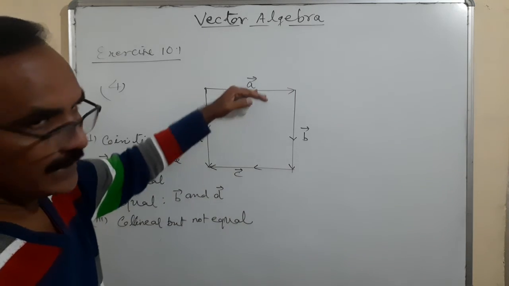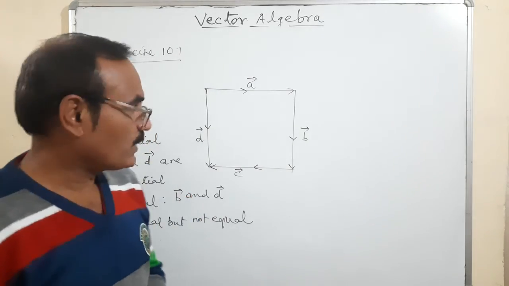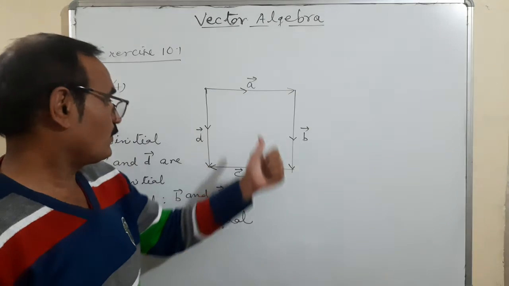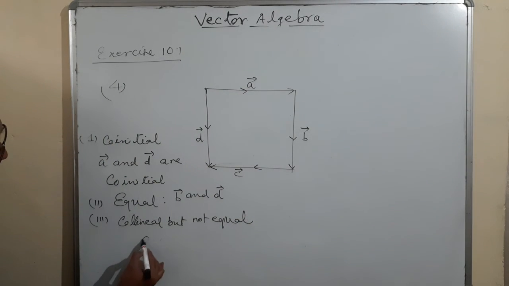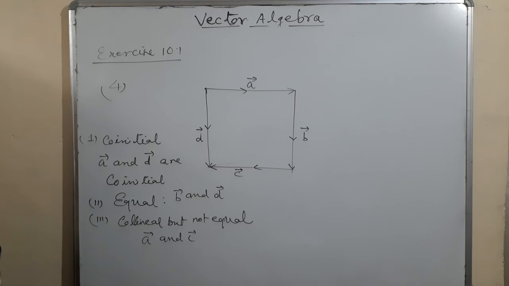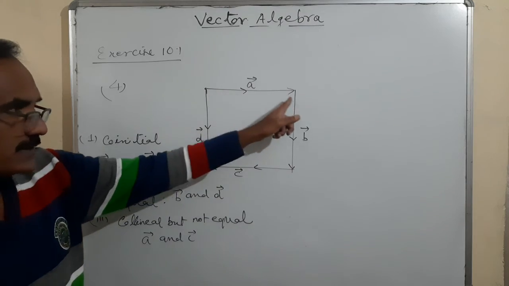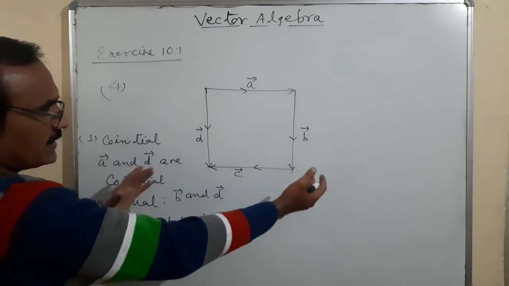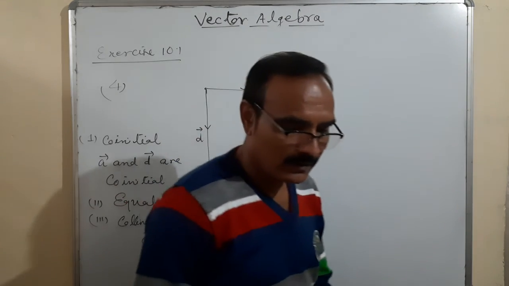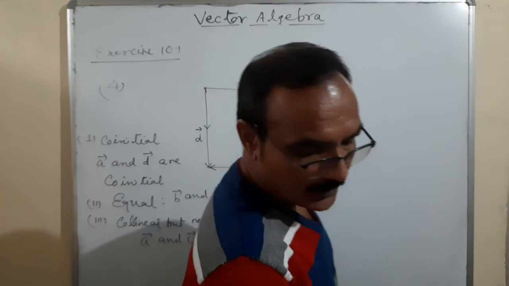See C and A, they are collinear, that means they are parallel, but not equal, that means not same in the direction. So vector A and vector C, they are of course collinear, parallel, but not equal. Direction other side, it's a direction on right hand side, direction on left hand side. Collinear but not equal. Got it?